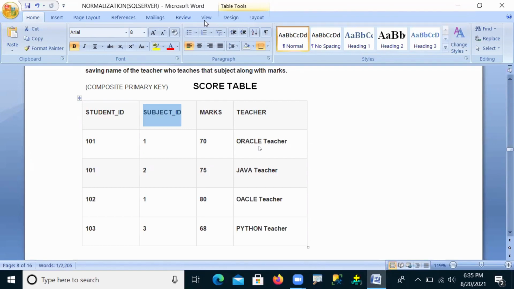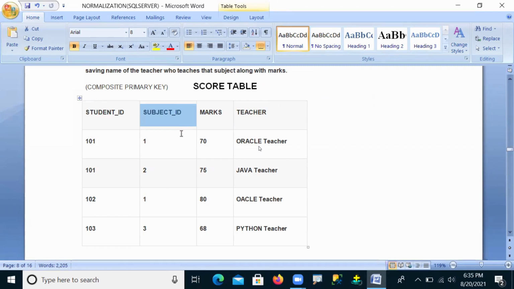After you leave me, a new batch is created and I'm teaching SQL Server to them too. So the subject is permanent, but the student is temporary. In such a case, what do you understand? The teacher column depends on subject ID, but not on student ID.